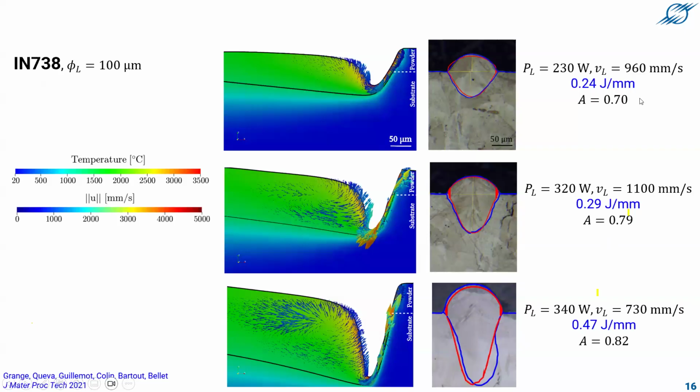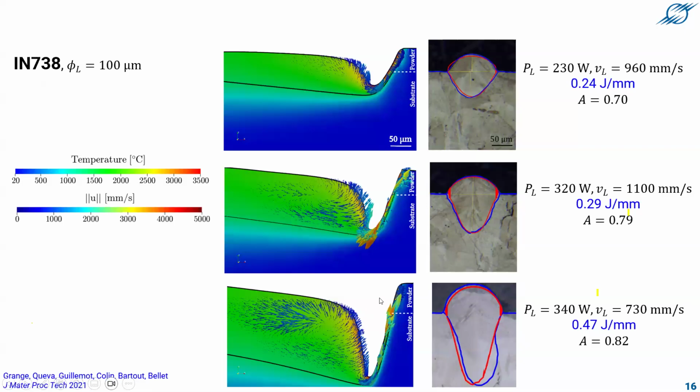So just to realize that we have to adapt the equivalent absorption coefficient if we consider only a Gaussian beam plus an influence of the incident angle. In this case, we have to increase the absorption coefficient with the linear energy.